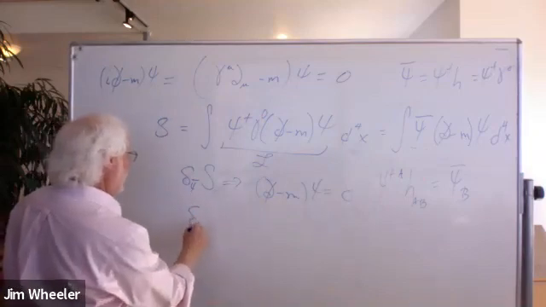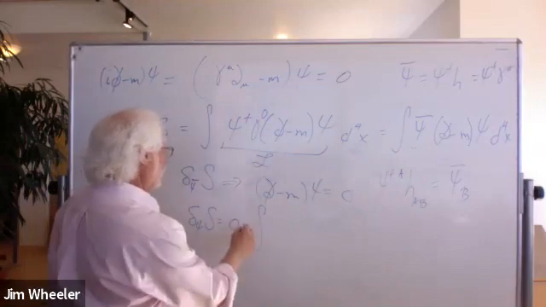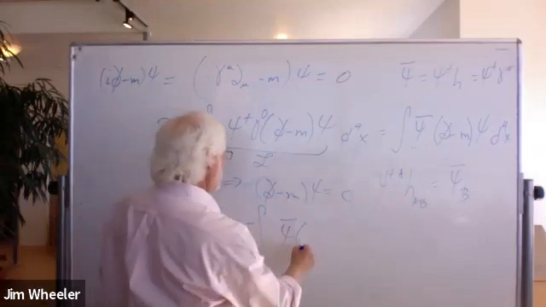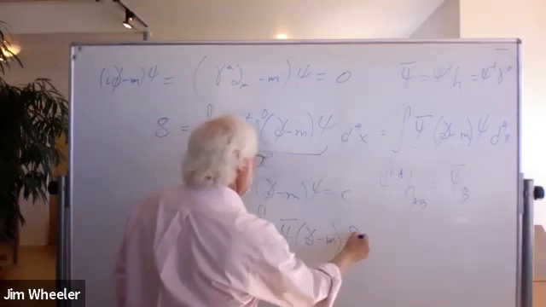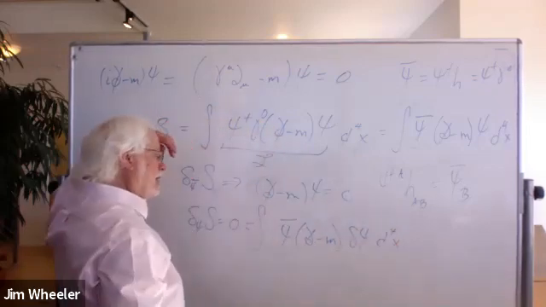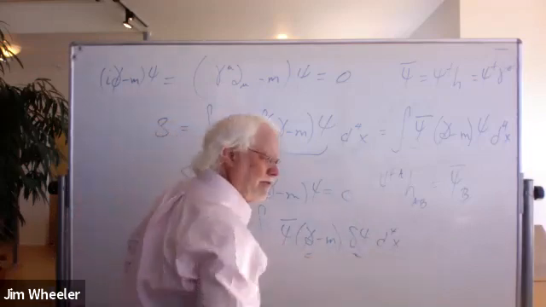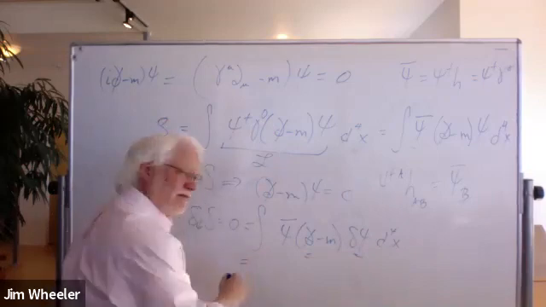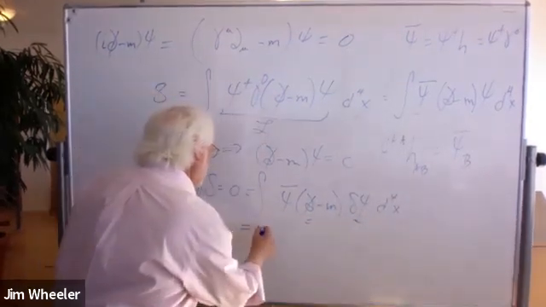If we vary psi and set that to 0, we have to be a little more careful. So we have psi bar, d slash minus m, del psi, d4x. Here we have a derivative of the variation, so we do have to integrate by parts. So let's write this out in a little more detail.